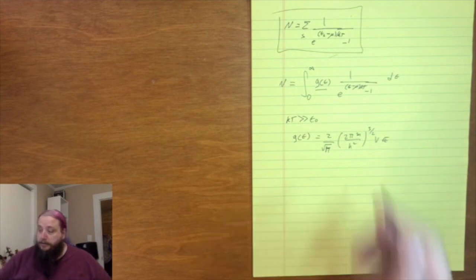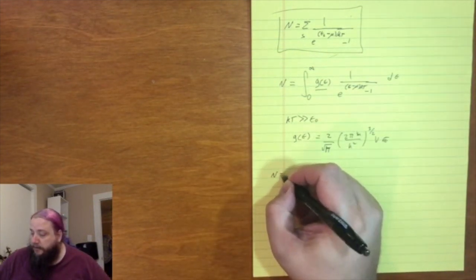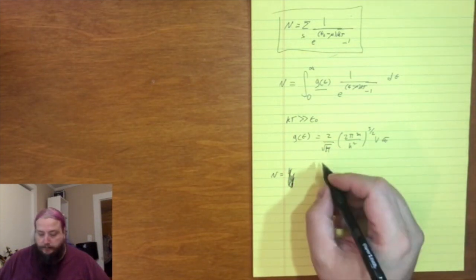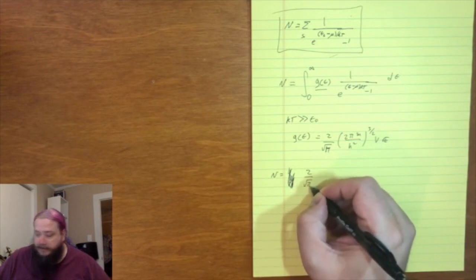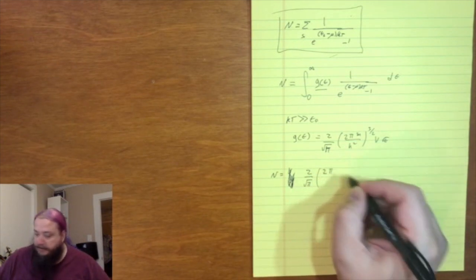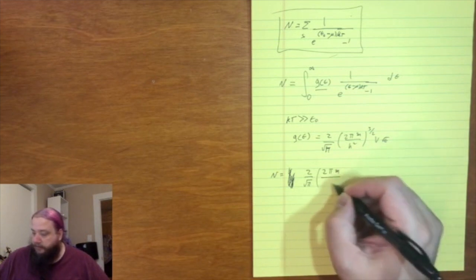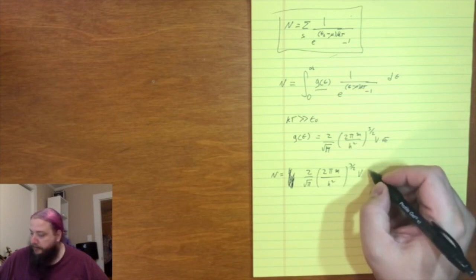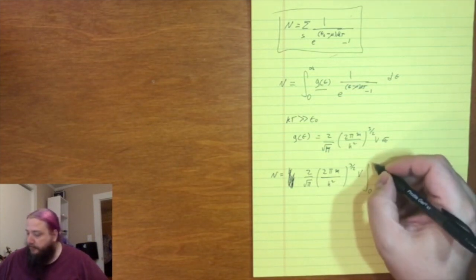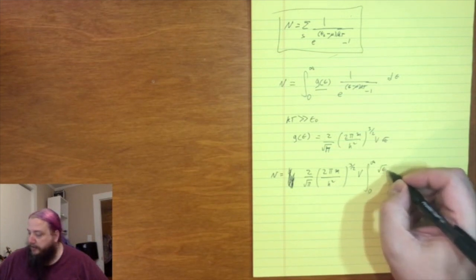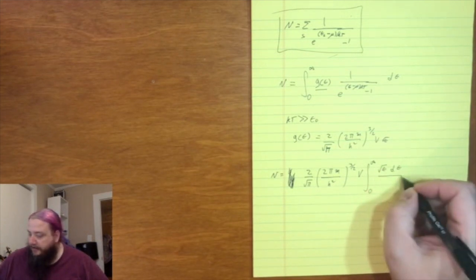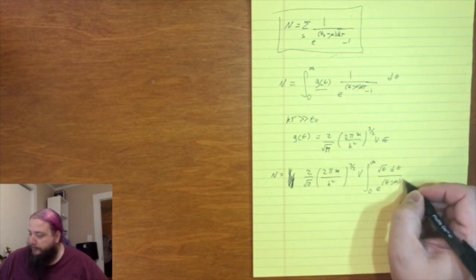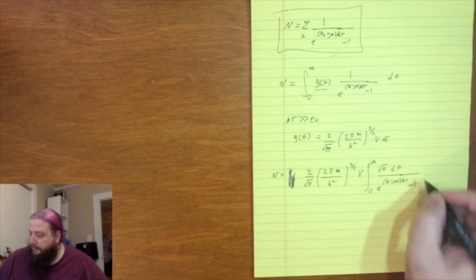And so we could plug this into our number calculation and see if that helps. So this gives us 2 over root pi and then 2 pi mass over Planck's constant squared to the 3/2 times the volume, and the integral from 0 to infinity of square root of energy d energy over e to the energy minus chemical potential over kT minus 1.